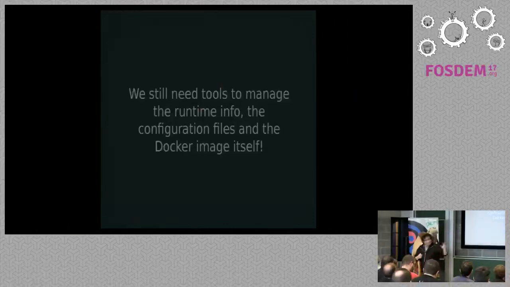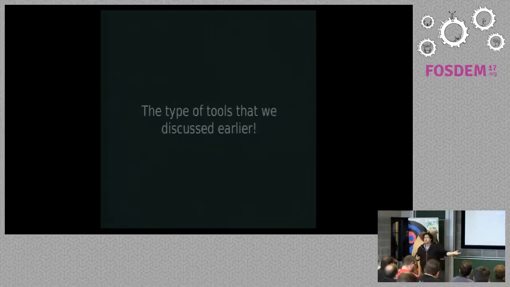And then if we look at this again, we realize that we still need tools to manage the runtime info, the configuration, the image creation, and there are probably tools that we already talked about. And in this case, even cpan on the server, because you're working locally, it's okay. A Docker image file is just a series of scripts, of commands that you run after a basic image of an operating system.